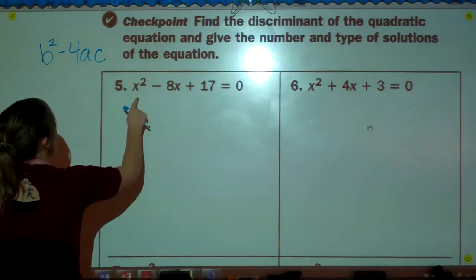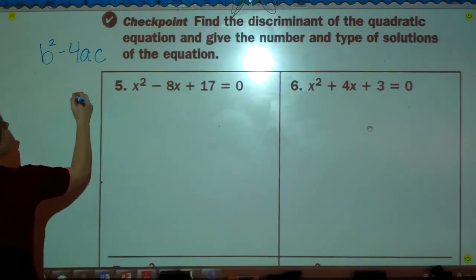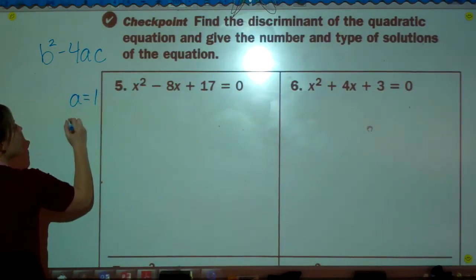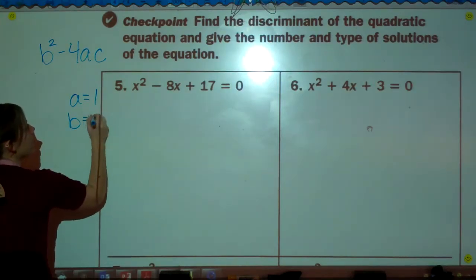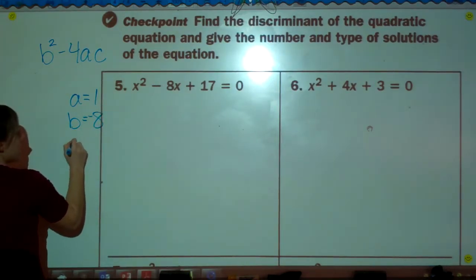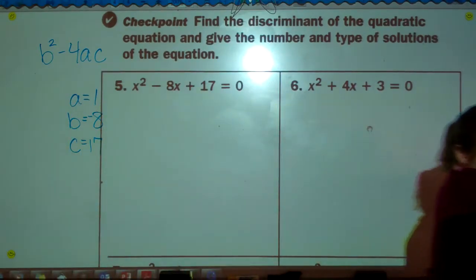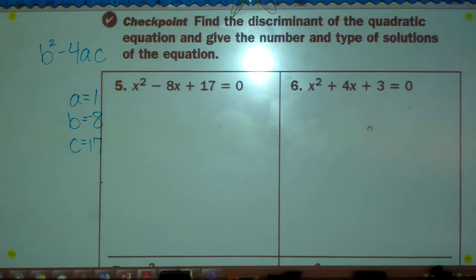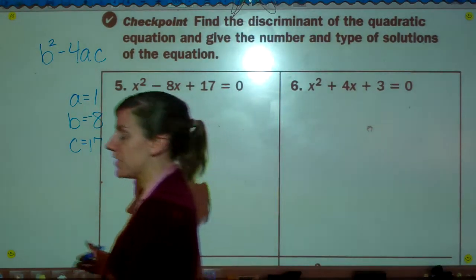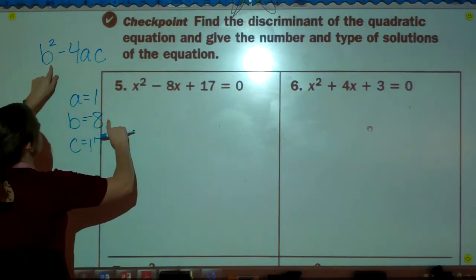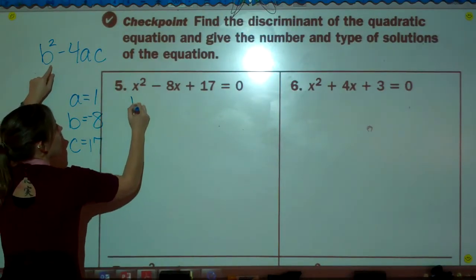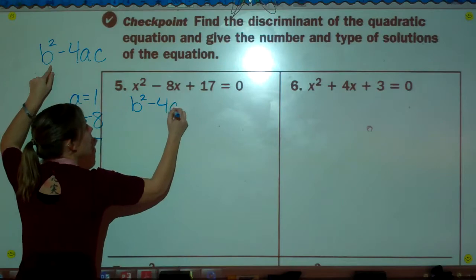So then, I'm just going to go off to the side. A is 1, B is negative 8, and C is 17. So I'm going to use the discriminant. That is negative 8 squared, so that's b squared minus 4ac.